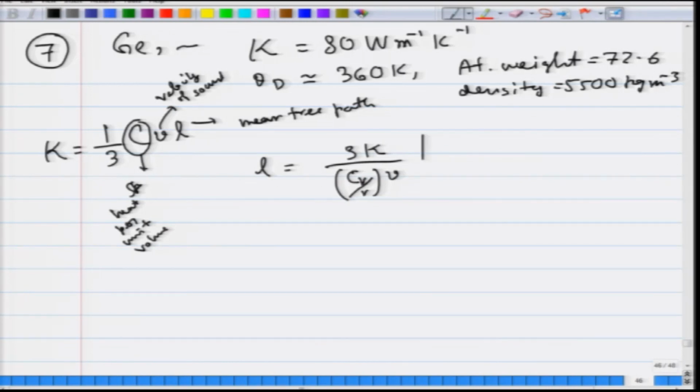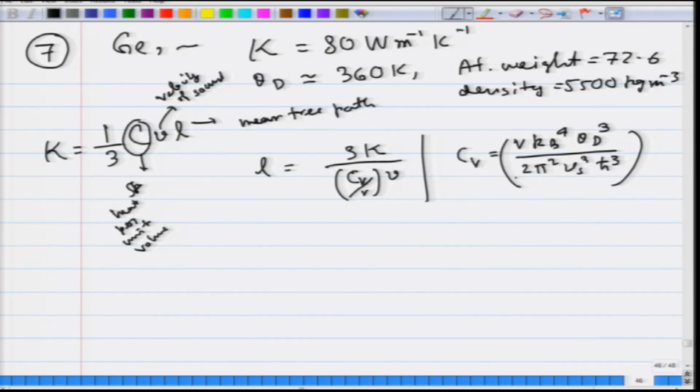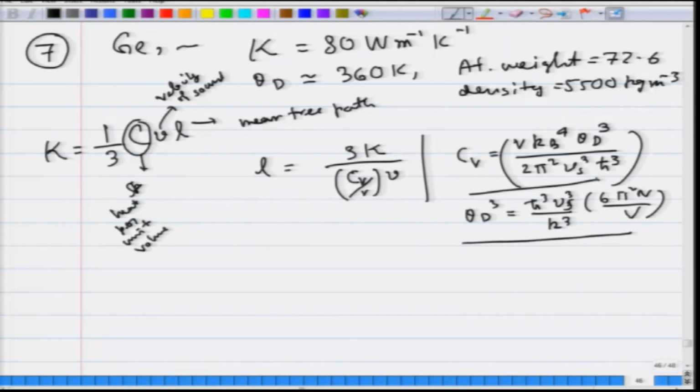Now we know Cv is given as V kB to the power 4 theta D cubed over 2 pi square mu s whole cube h-cut cube, and for theta D cubed there are relations: h cube Vs cube into 6 pi square n by V by k cube. So these are the relations we got, and there is a lengthy calculation.